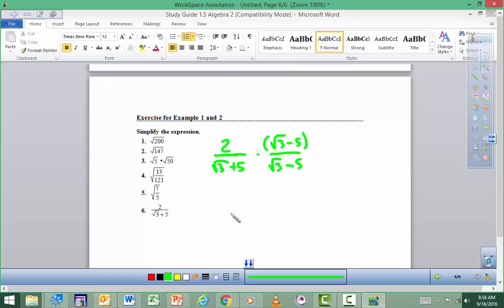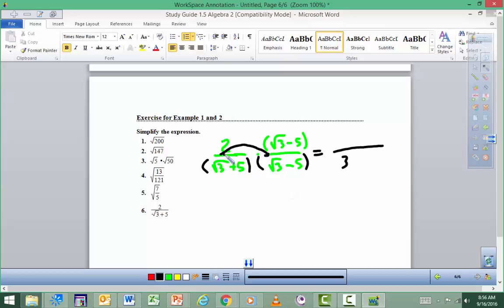As I multiply these out, I'm just going to use the FOIL method. After you do this problem, you can probably do it a little bit faster on your own. Square root 3 times the square root of 3 is 3, and so that one's gone.